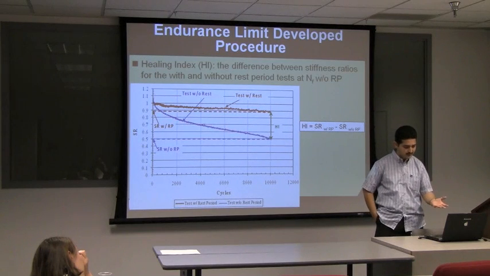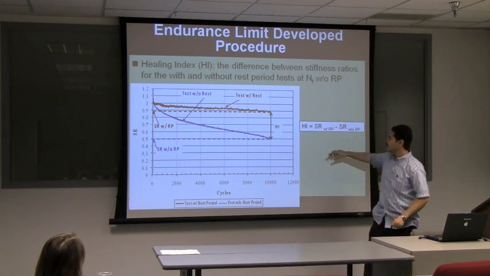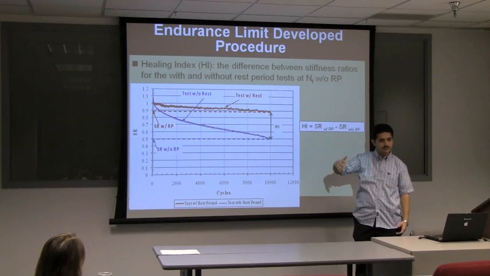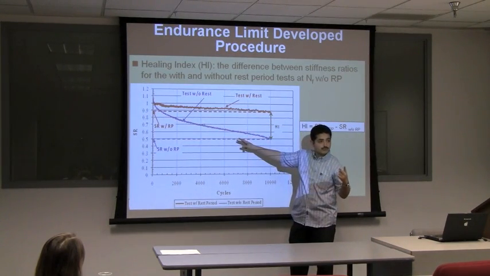To start with, this is one of the definitions that we came up with, which is called the healing index. The healing index needs 2 tests, and it can be measured as the difference between 2 tests, one with a rest period and one without. Here, the red line and the blue line are 2 different tests.